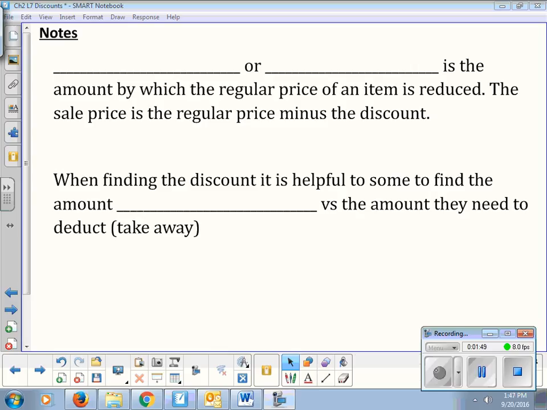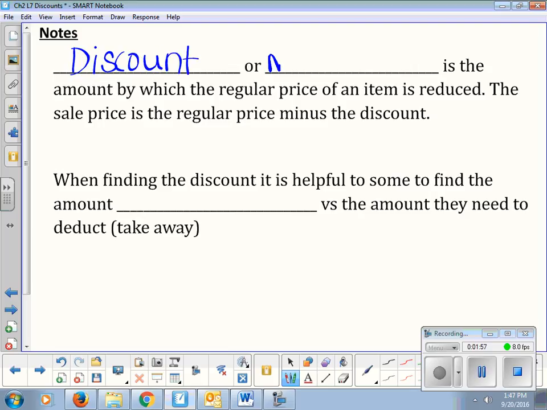Okay, so for our notes for today, we have discount or markdown. Discounts or markdowns are the amount by which the regular price of an item is reduced. The sale price is the regular price minus the discount.